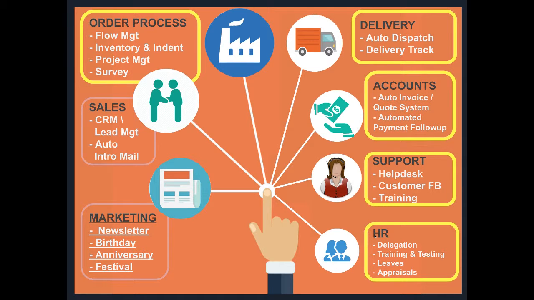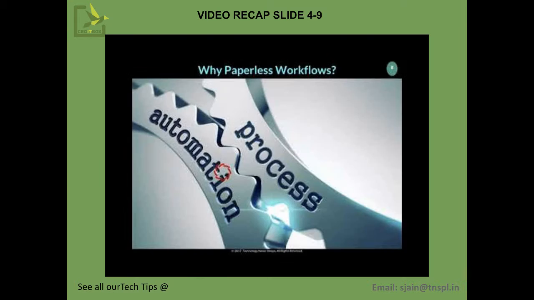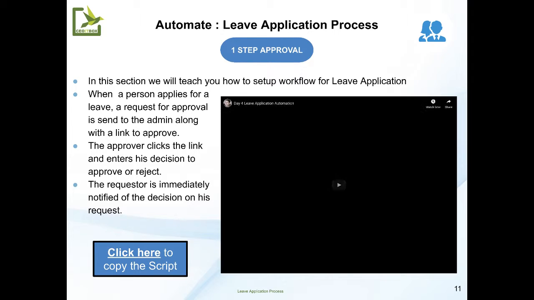So there is hardly any process that you cannot automate. Normally these things are very difficult because you would have to develop or get developed a software to do the same. But now this is very easy and can be done using G Suite and several additional tools that are available free of cost or at a very low cost, which is extremely affordable for everyone.